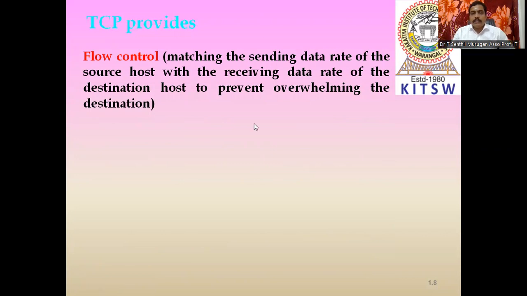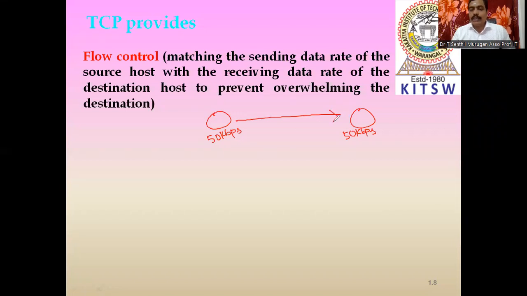For example, here node A is the source and this is the destination. Suppose it sends data at 50 kbps. If the destination is also receiving 50 kbps, there is no problem while transmitting the data.